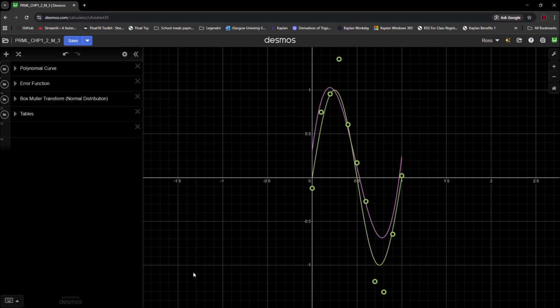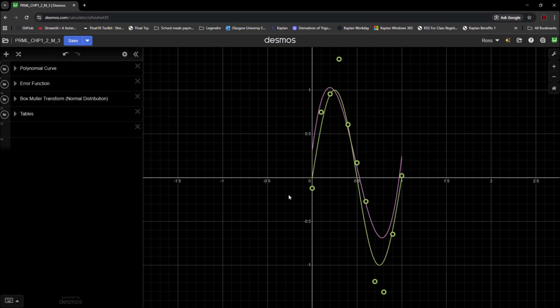So the number of parameters W0, W1, W2 and so on, we called this parameter M. And what we would like to be able to do is choose M so that we have the best fit. This process of choosing the value for the order of our polynomial is called model comparison or model selection.